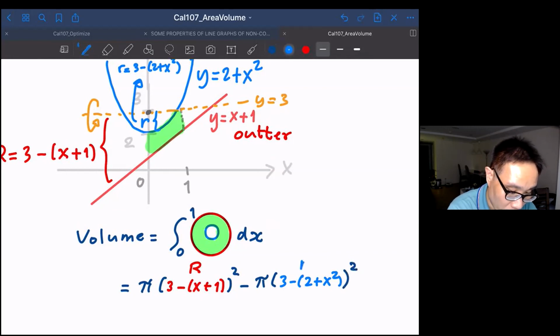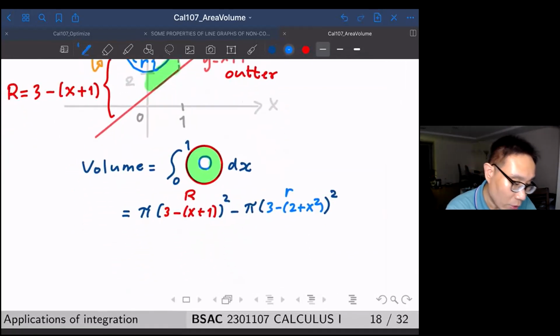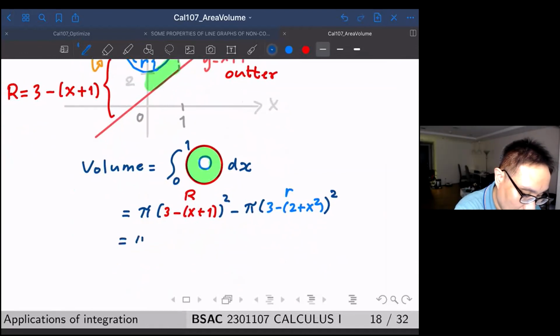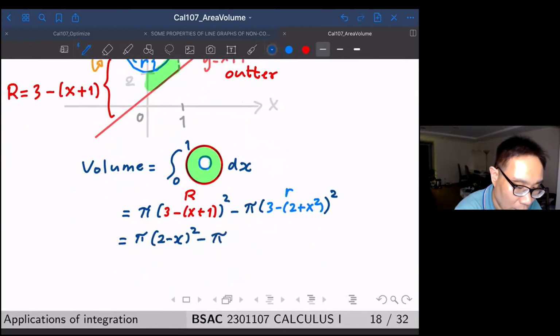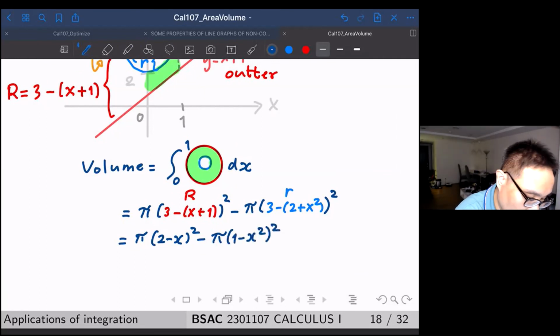So you get pi, and this one turned out to be (2 minus x) squared, minus pi times (1 minus x squared) squared. And don't forget that you still have to integrate from 0 to 1, dx.